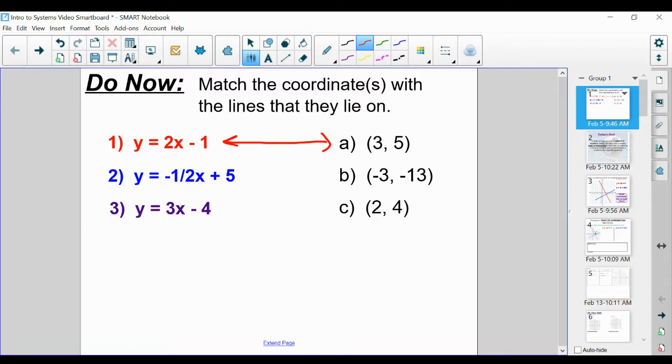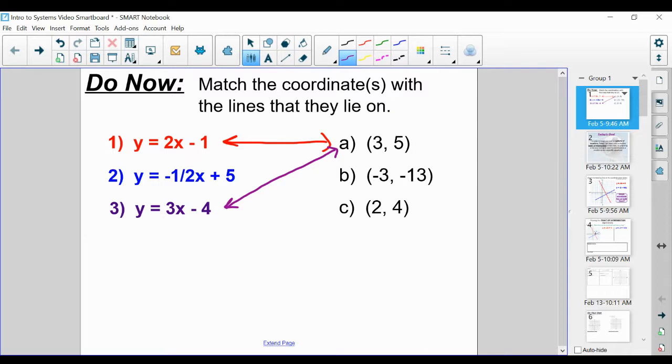Let's think about that for a second. Yeah, it can. It can also lie on line 3. If we substitute in 3 comma 5, we should get 5 is equal to 3 times 3 minus 4. 3 times 3 is 9, minus 4 is indeed 5. But does coordinate point A lie on line number 2? Let's check it real quick. No, it doesn't. Awesome.